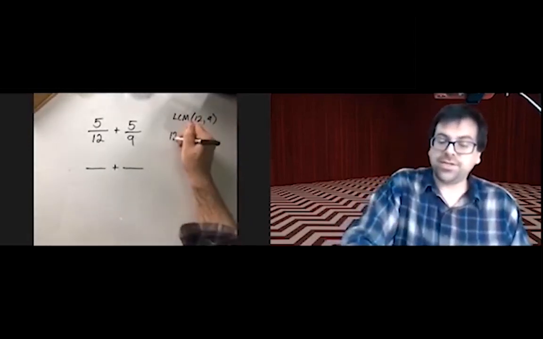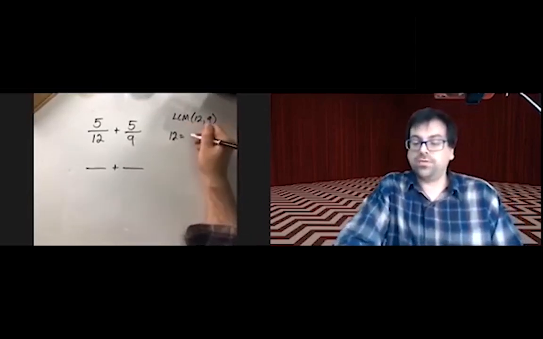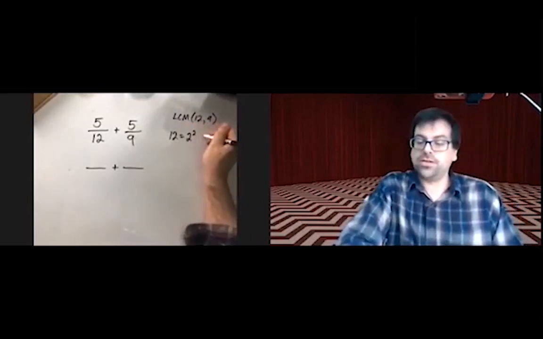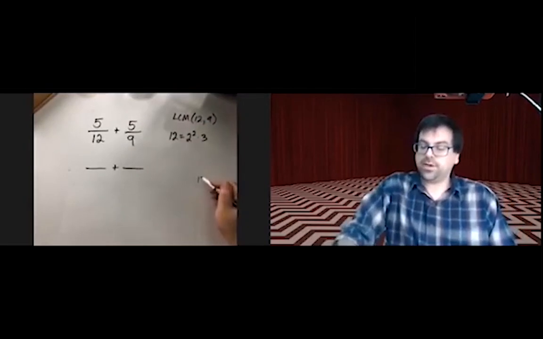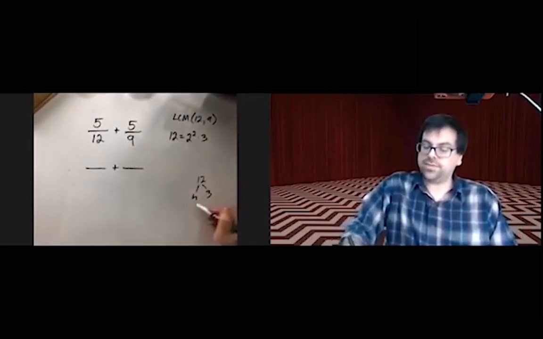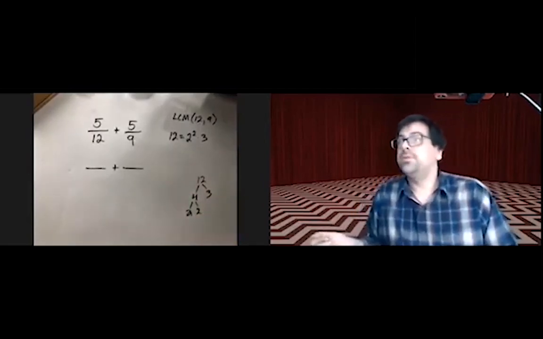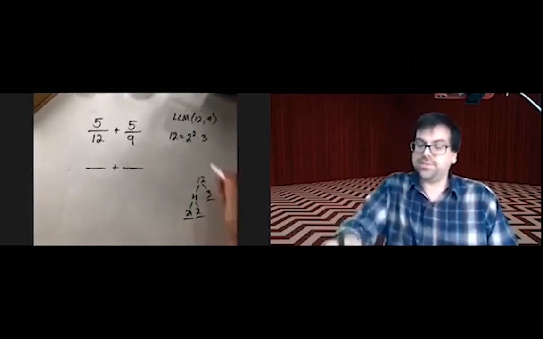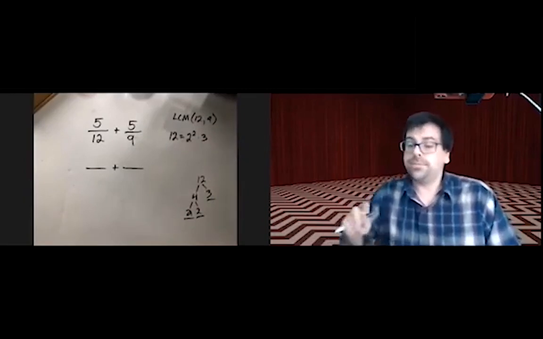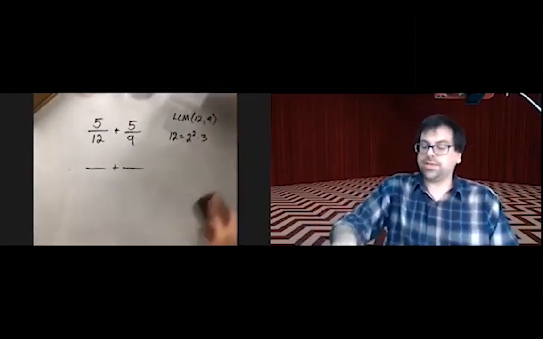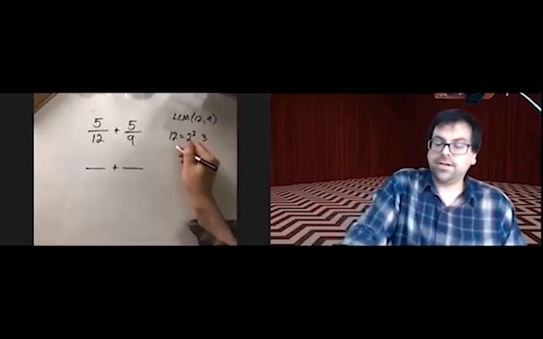Prime factorizations of both. 12 is going to be 2 squared times 3, because 12 is 4 times 3 and 4 is 2 times 2. 2 times 2 times 3 is 2 squared times 3. 9 works out to 3 times 3.